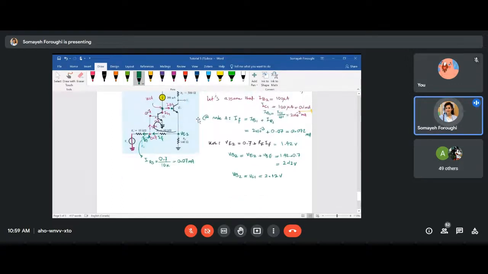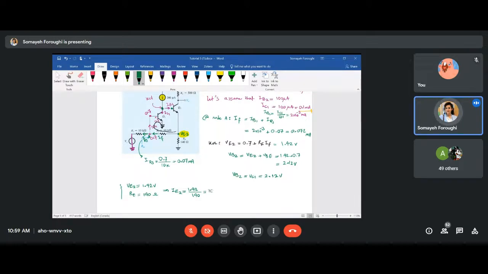Now that you have all the node voltages, let's work on finding IE or IC in Q2. Guys, if VE2, this point, is 1.42 volts and RE is 140 ohm, let's find IE2, by the way, which will be 1.42 over 140.